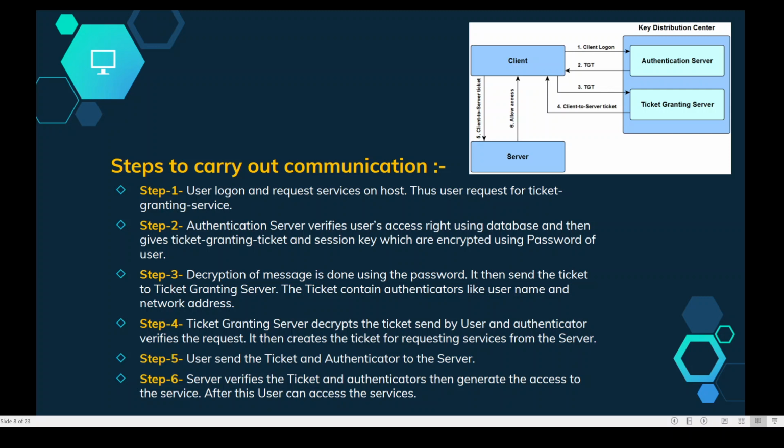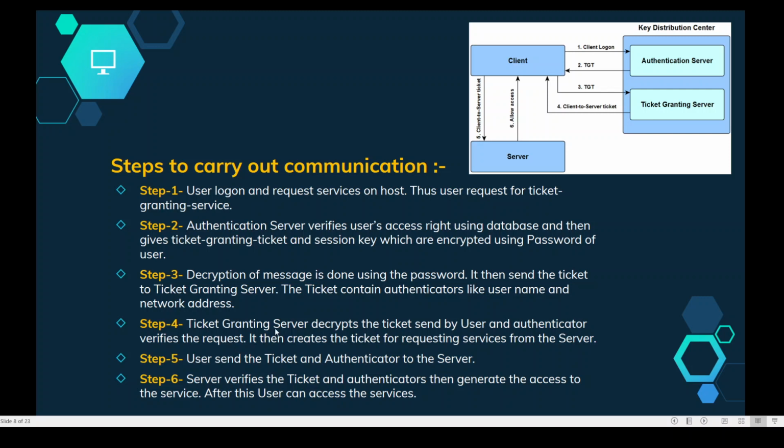Decryption of the message is done using the password. This password is unique, known only to the client. It means that it is a very low probability that anyone can guess it, and hence it decreases the probability of attack.